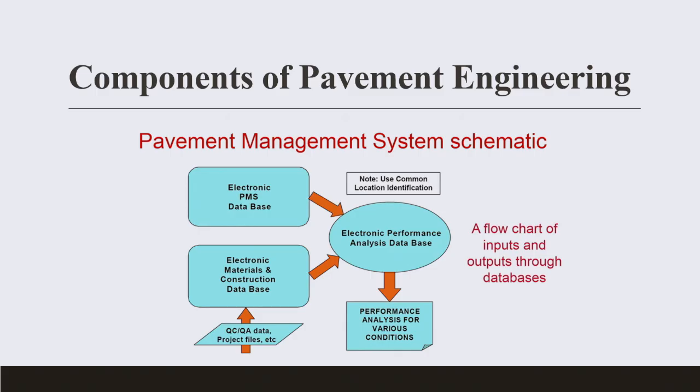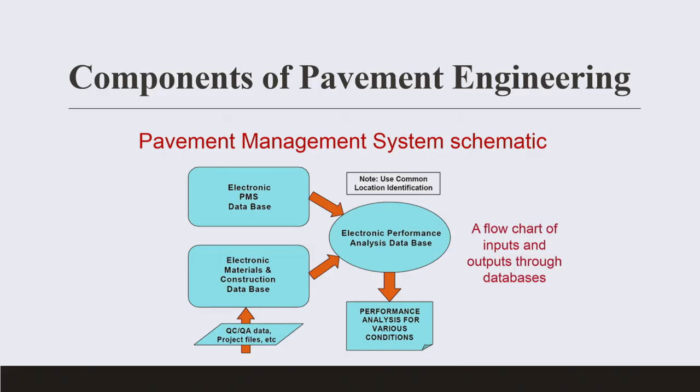What is it basically telling us? This is a schematic. From the bottom there, you have data, you have project files, quality control, quality assurance, then you have a database for materials and construction, again talking about materials from a performance standpoint, cost-wise, because here one of the differences between the mechanistic empirical, and project or pavement management or asset management, is that this gives you suggested decisions.